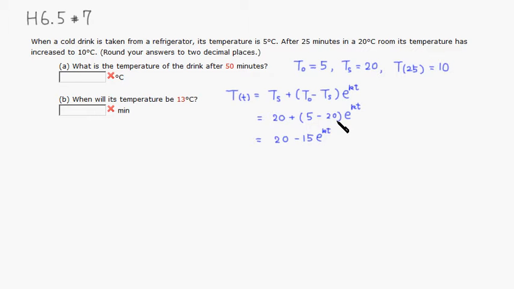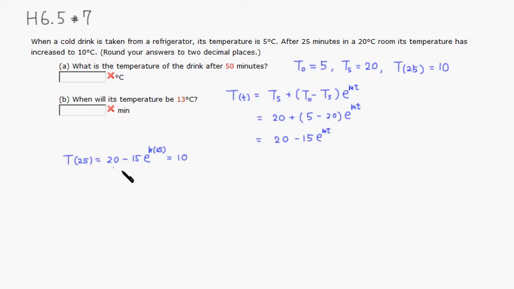All right, then we can use the last condition to find e to the k. T of 25 is equal to 20 minus 15 e to the k times 25, and this is supposed to be equal to 10.